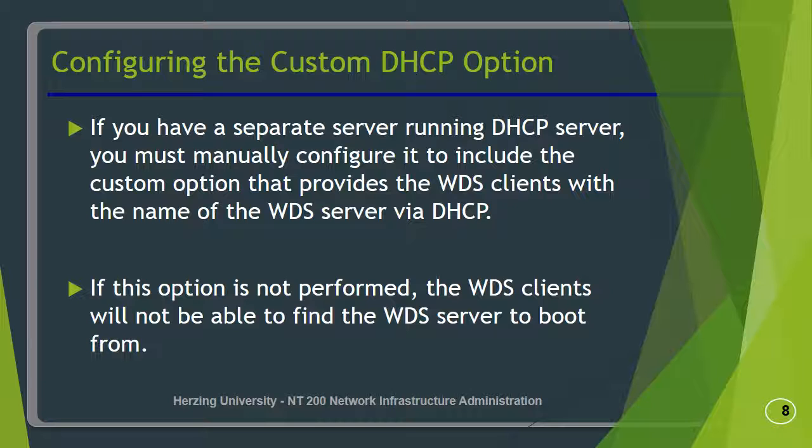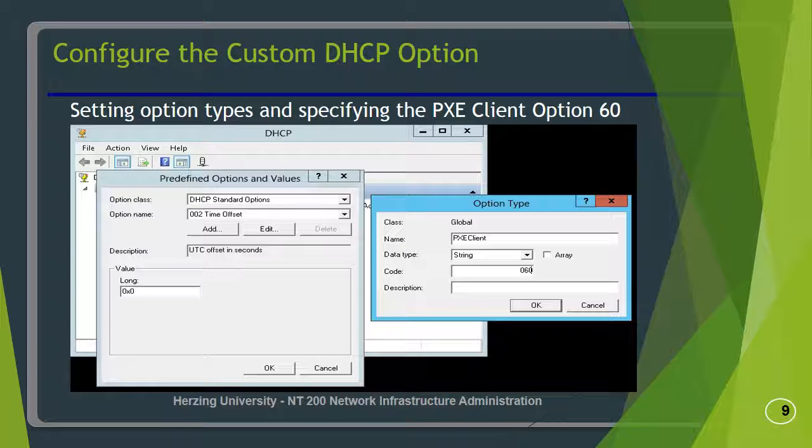Now, if this option is not performed, the WDS clients will not be able to find the WDS server to boot from. So this is an important step that must be done. Here is an image showing how we can configure the custom DHCP option, setting the option types and specifying the PXE client option 60.